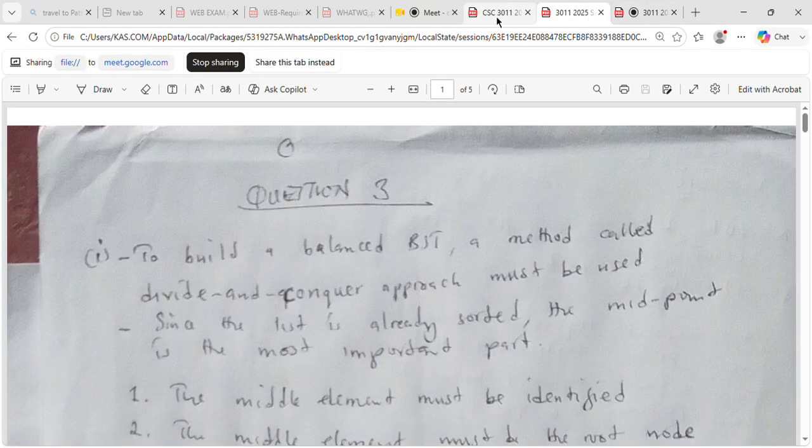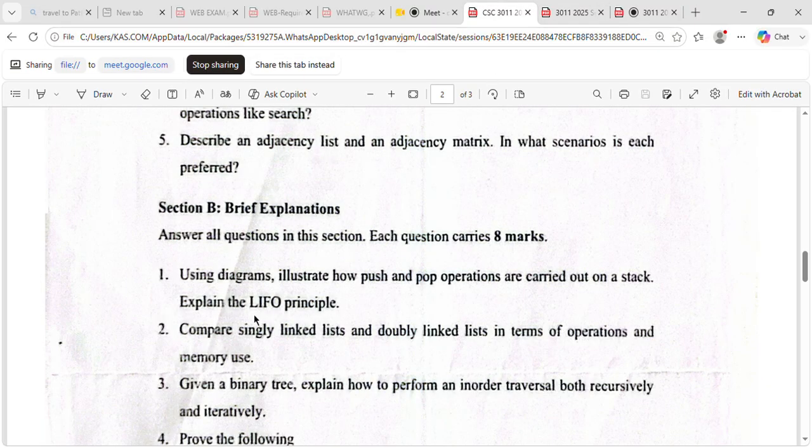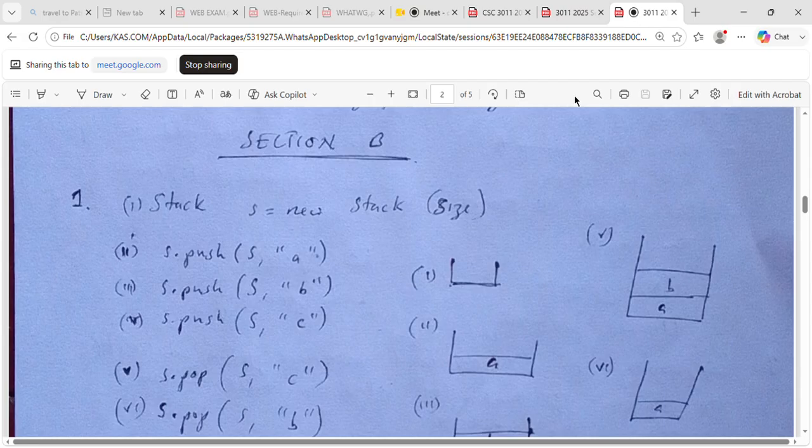The question is: using diagrams, illustrate. So using diagrams, not diagram, illustrate how push and pop operations are carried out on a stack, and you're required to explain what last in first out is.